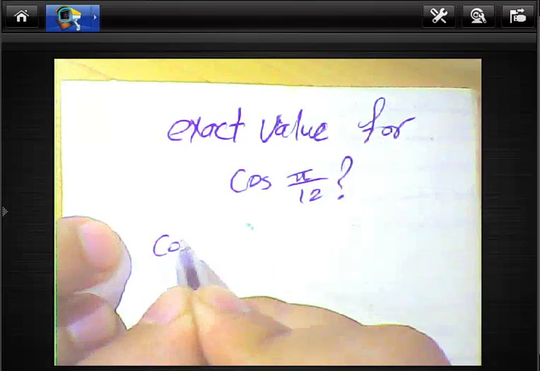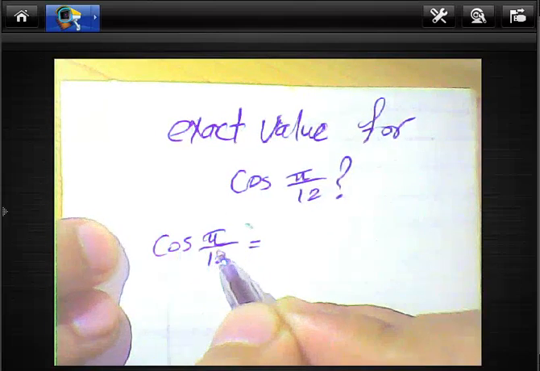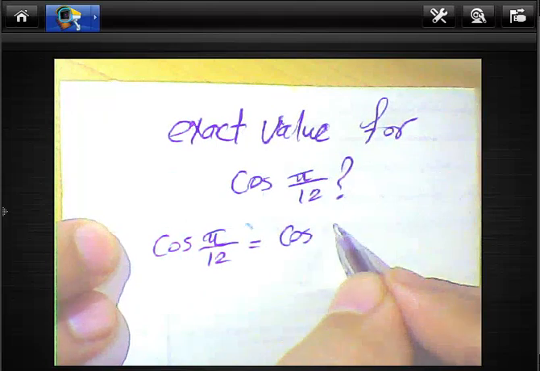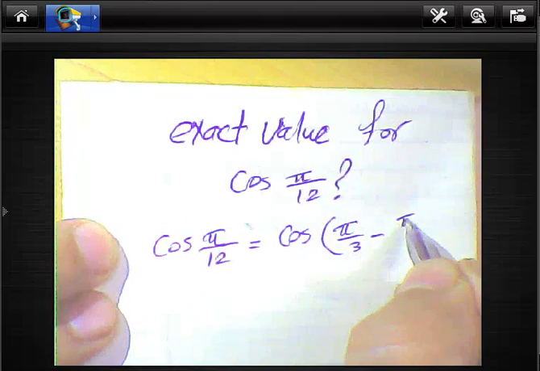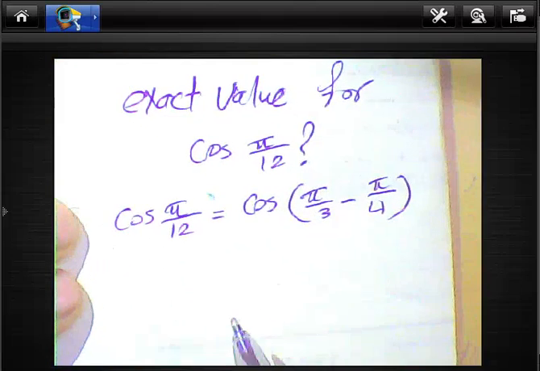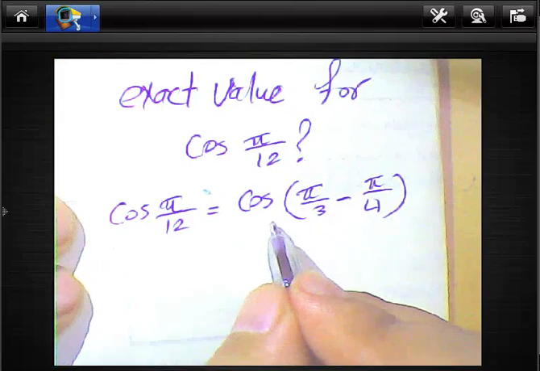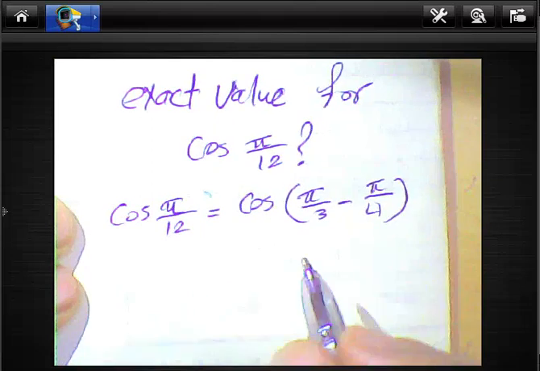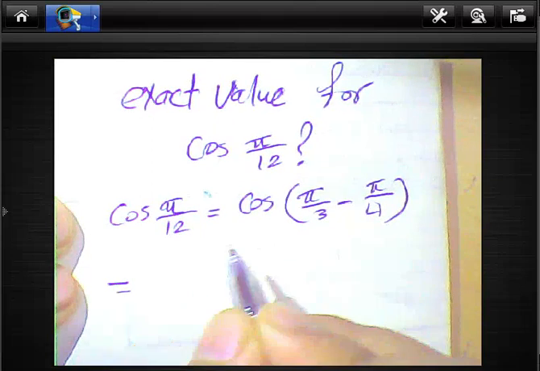We can write cosine pi over 12 equals cosine pi over 3 subtract pi over 4, and using the rule here, cosine pi over 3 subtract pi over 4 equals cosine pi over 3 dot cosine pi over 4, and we can write the inverse of the sign here will be positive, sine pi over 3 multiplied by sine pi over 4, and we can simplify it.